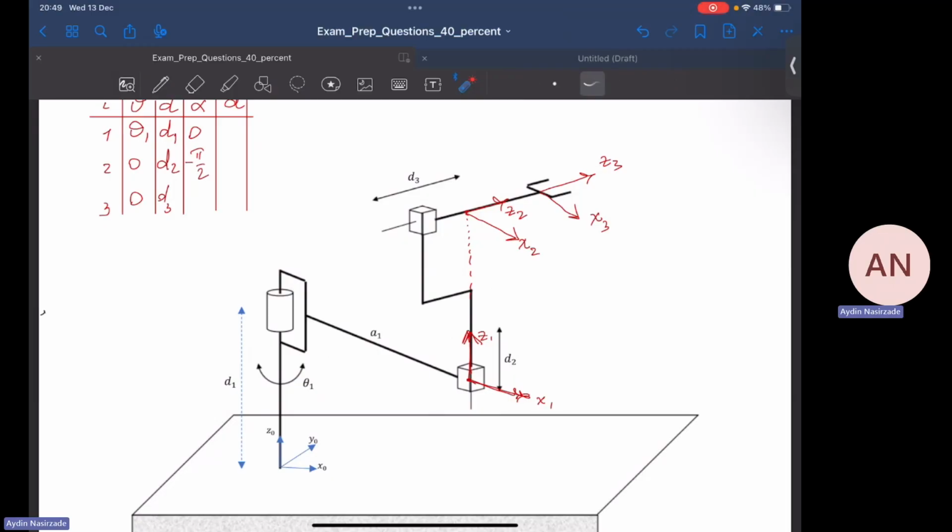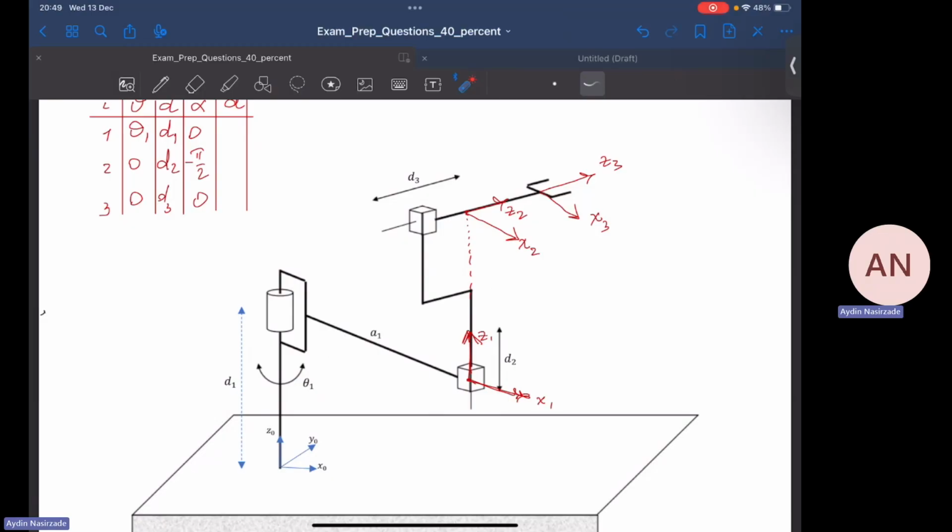Let's move on to alpha 3. The question for alpha 3 is: around x3, around this axis, how much do I have to rotate z2 to make it align with z3? The answer is 0 because they are already aligned. No need for any rotation. Now, the next parameter is A1.